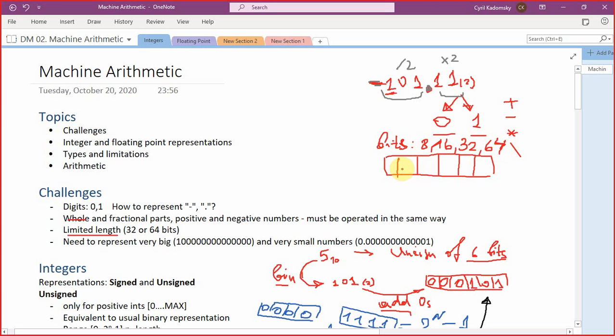So when you have a maximal number that can be stored in this particular length, and you try to add one more, you cannot put a bigger number here.